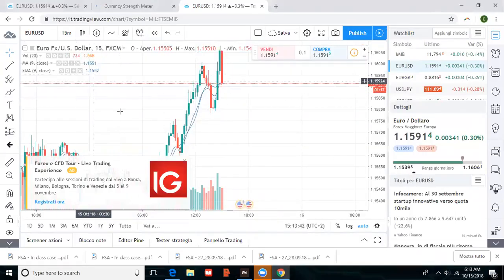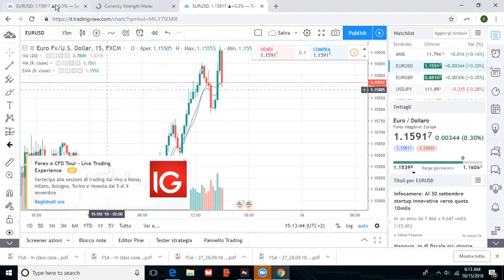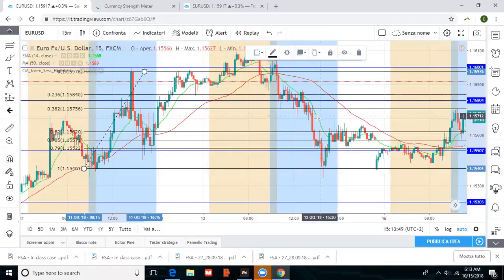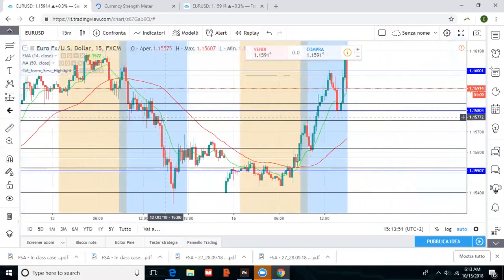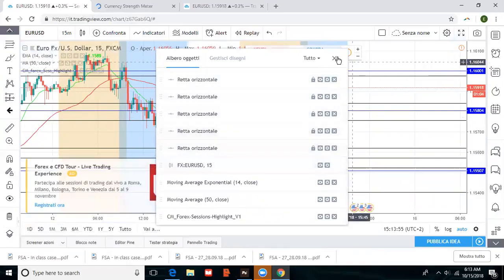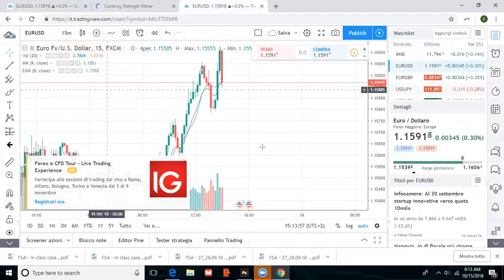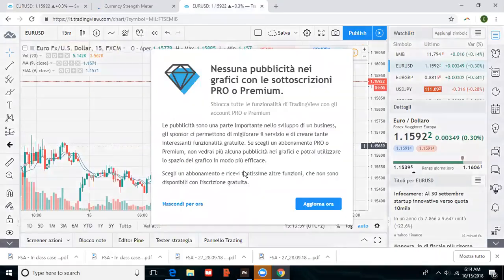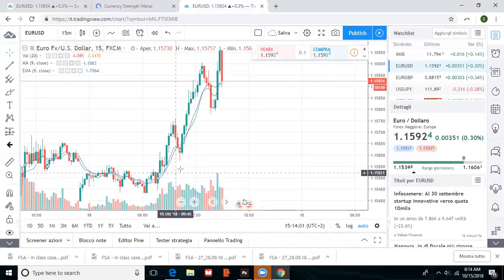So at the end, your chart is going to look like this. See? So we go back to our chart where I teach you how to set up everything.